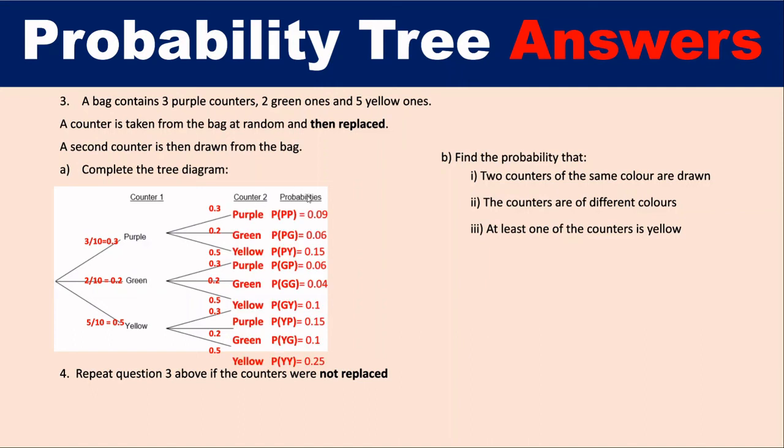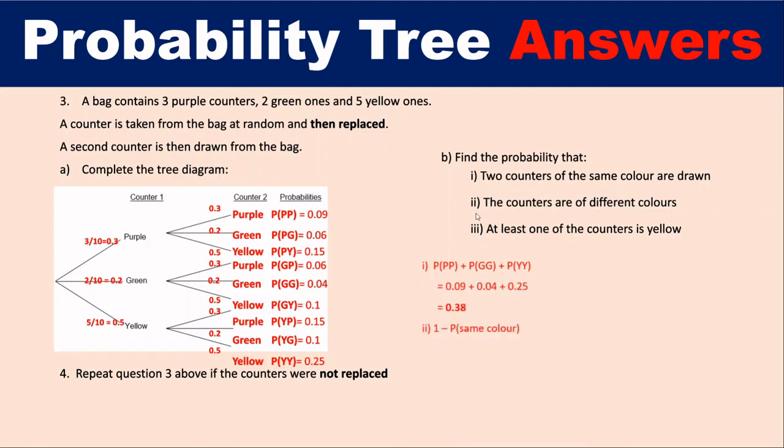And the possible probabilities of the combined outcomes, I again work them out by multiplying the probabilities on the branches. 0.3 times 0.3 is 0.09. So what's the probability that the 2 counters have the same color? Well, that's either a purple, a green, or a yellow.